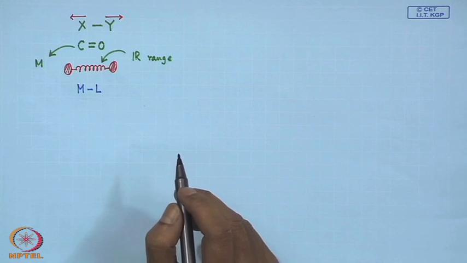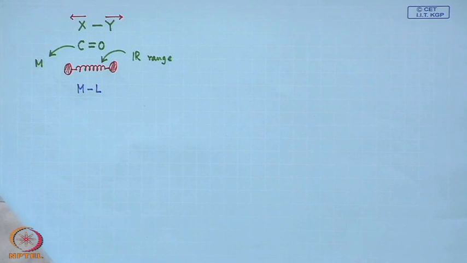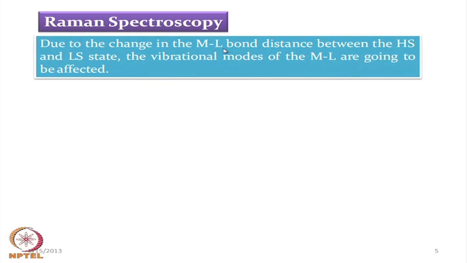Raman spectroscopy is another technique closely related to FTIR or infrared spectroscopy, where we can monitor the ML bond distances. We have seen that ML bond distances change as we move from high spin to low spin state, and the vibrational mode associated with the ML bond is definitely affected or changed as we move from the high spin state to the low spin state.